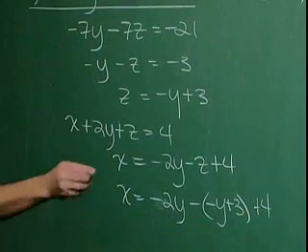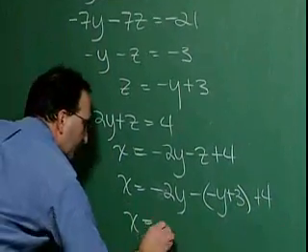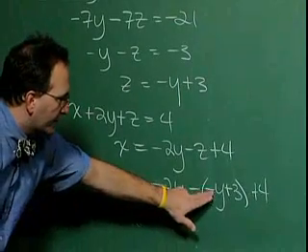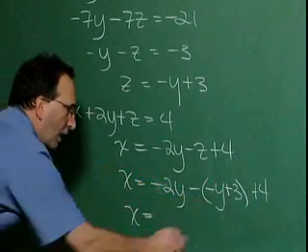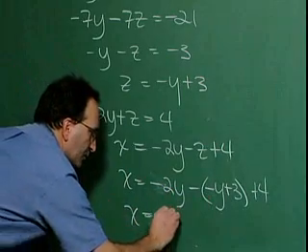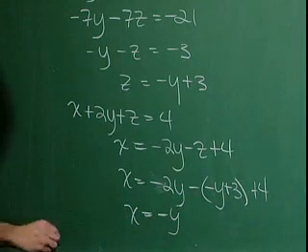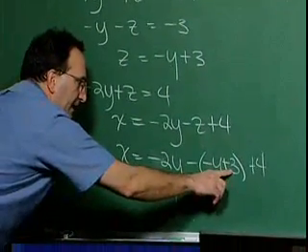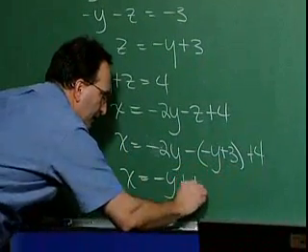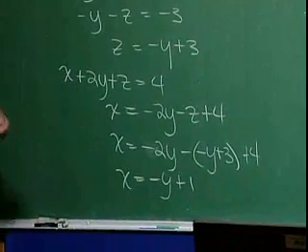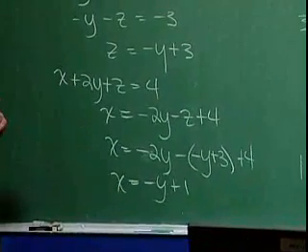Okay, what that gives me is x is equal to, well, when I distribute the minus sign, that becomes plus y. When I add that to -2y, we get -y. And then the -3 added to the 4 leaves me with +1. So I get x is equal to -y plus 1.